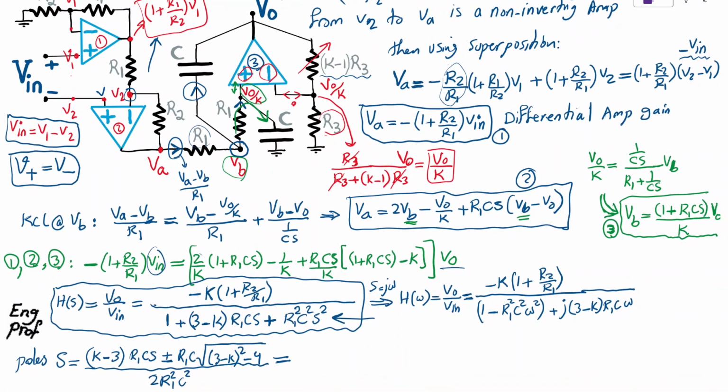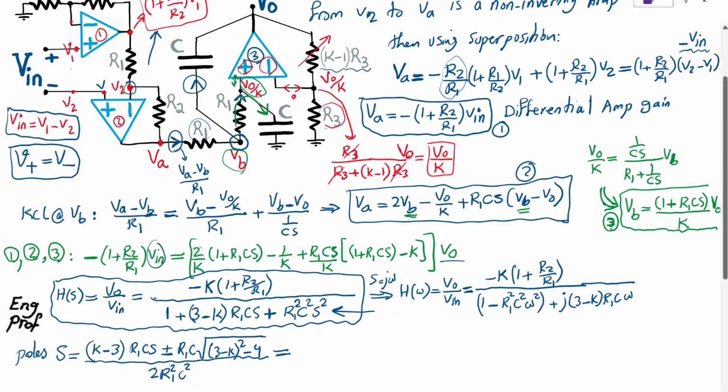So to find the poles of the system, it becomes as simple as just 1 over 2 R1 C times, let's say, K minus 3 plus minus the square root of, and then just you have as simple as this. It becomes (3 minus K) squared minus 4, which is (3 minus K minus 2), which means 1 minus K, and then (3 minus K plus 2), which becomes 5 minus K.